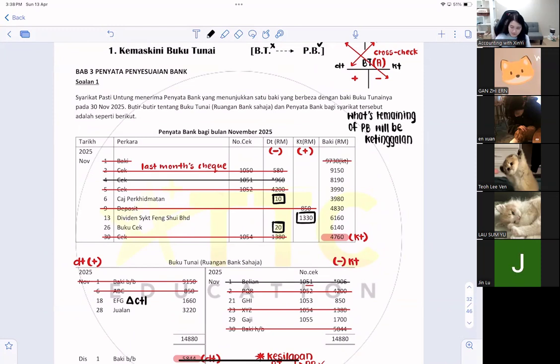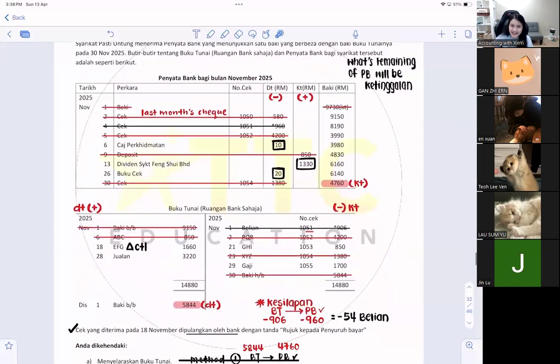So if it's missing from the Buku Tunai, how can I find it here? I can only find it from the Penyata Bank. Then as for Buku Tunai, what's remaining will be CBD, DBD.